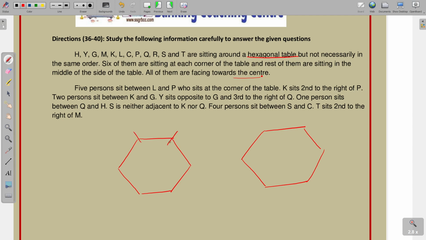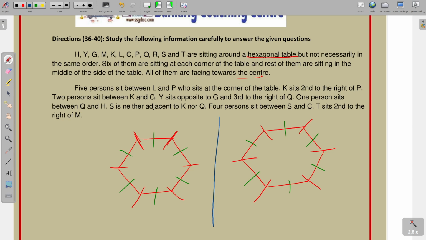So 6 persons are facing corners, and the remaining 6 persons are facing the middle of the sides of the table. Total 12 persons are there: 2, 4, 6, 8, 10 and 12. Okay, so let us move on to the puzzle. All are facing the center of the table.